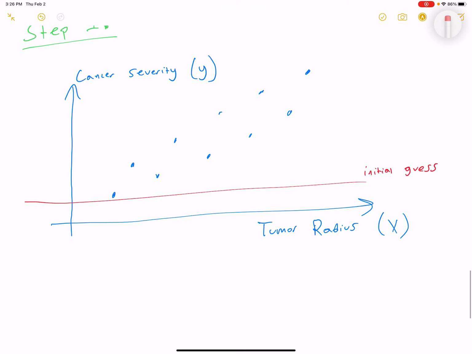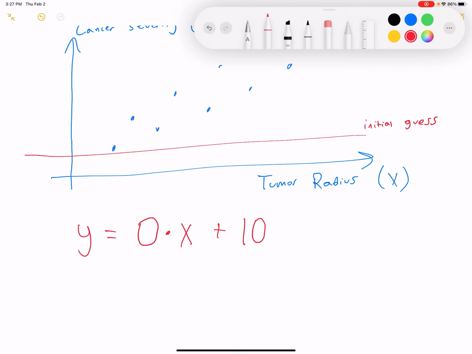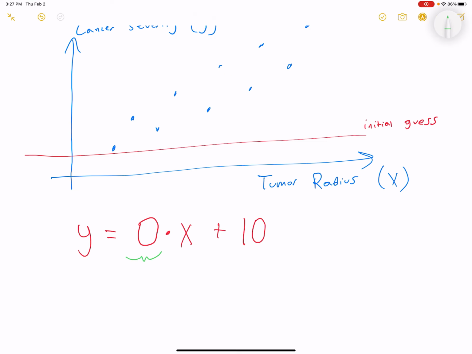Specifically, we made our initial guess y equals 0x plus 10, where this is theta 0 and this is theta 1. So that's step 1. We just guessed, we could have chosen anything, but we happen to have chosen those values. Sound good? Yes.